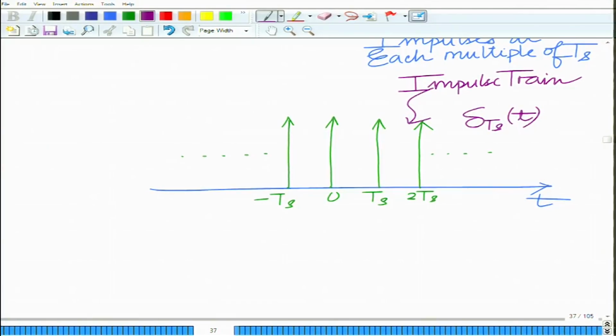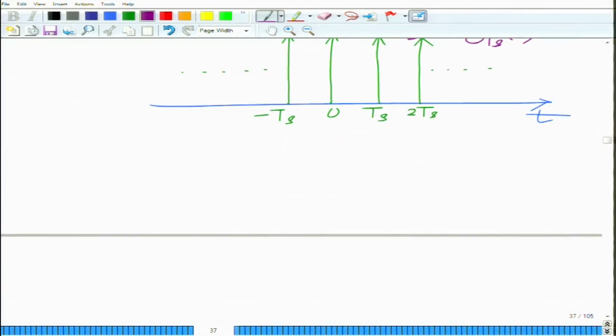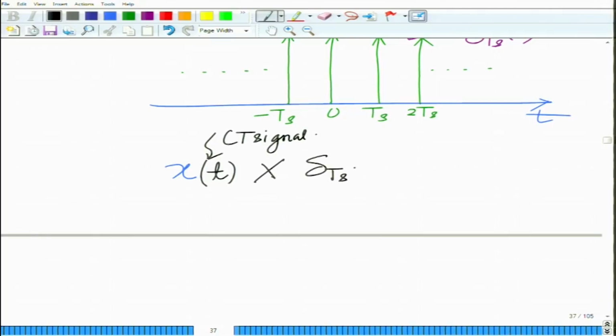Now, what we are doing is we have our continuous time signal. So, impulse train sampling is simply you take the continuous time signal x(t), this is your CT signal, and you multiply it with the impulse train.